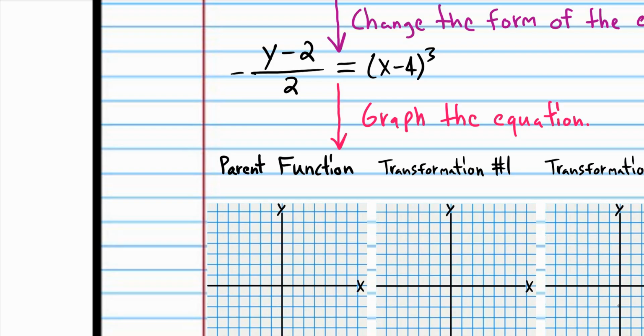So do we translate, dilate, or reflect first? Well, in this case, we can reflect or dilate first. Let's write the parent function first.